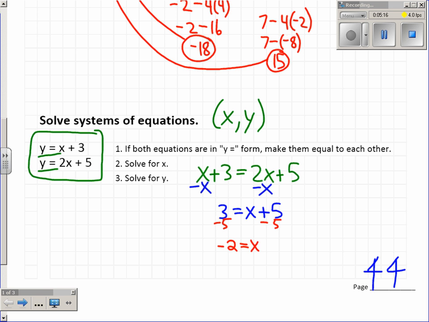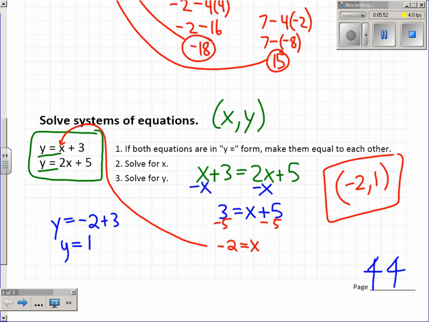And then what you do is you go ahead and plug in that negative 2 that you got for x into one of the equations, and then you can get your y. So y equals, we found that x is negative 2, and we add 3 because that's what the equation says, and we get that y equals 1. And the way that you write that as an answer is x is negative 2, y is 1. That's our coordinate pair. That is our solution to that system of equations.